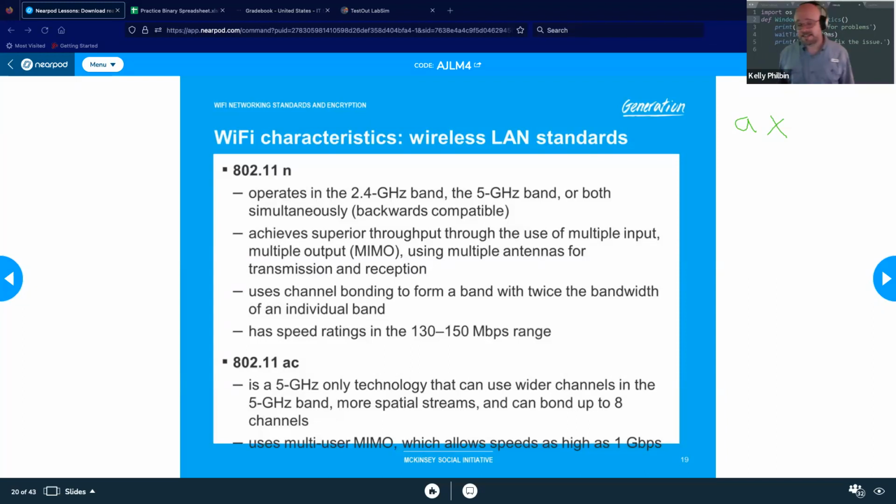So 5 is a cleaner signal, but again, doesn't travel as far, and it gets absorbed by barriers much easier. I'm sorry, you said 2.4 can be interfered with by radio signals? Yeah, a lot of walkie-talkies operate at 2.4, but most commonly it's microwaves and wireless phones also operate on the 2.4, so they interfere with Wi-Fi a lot.